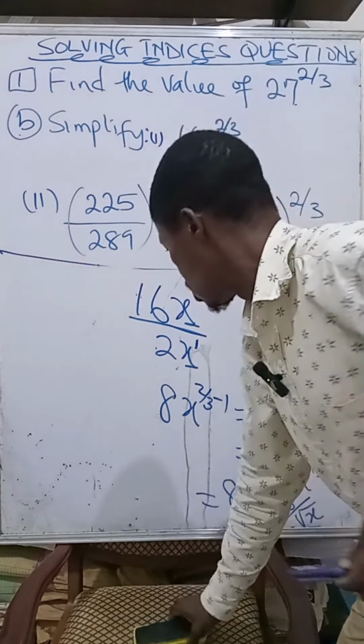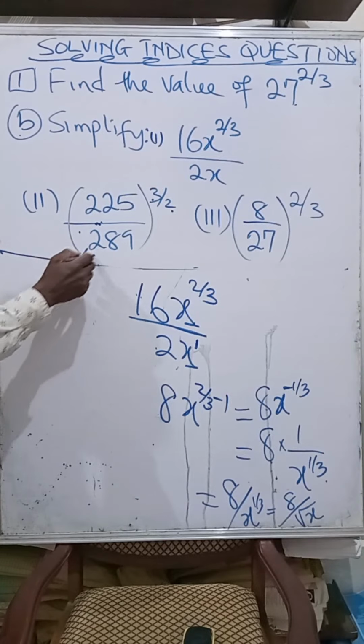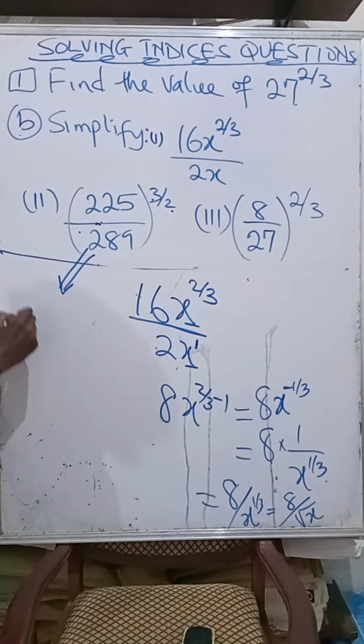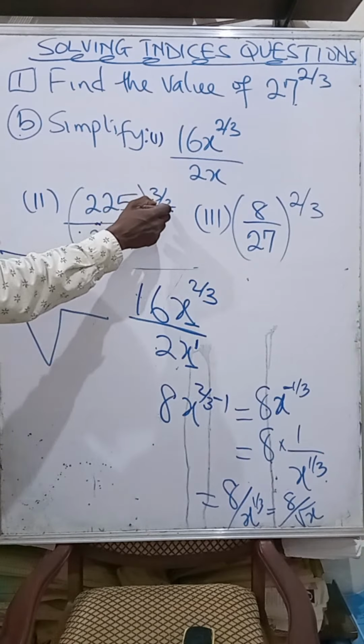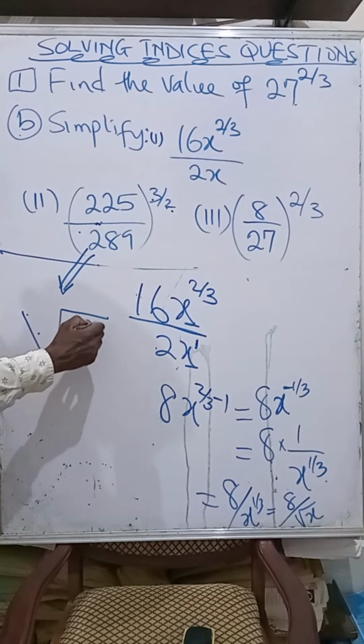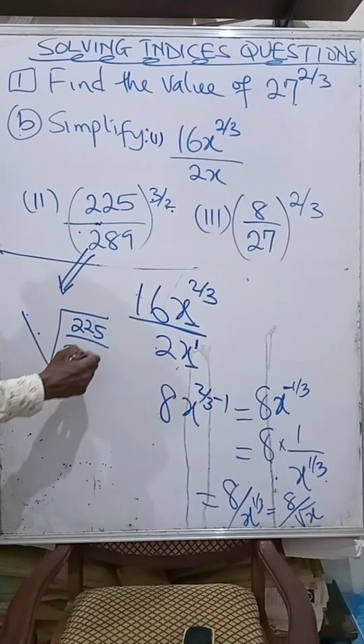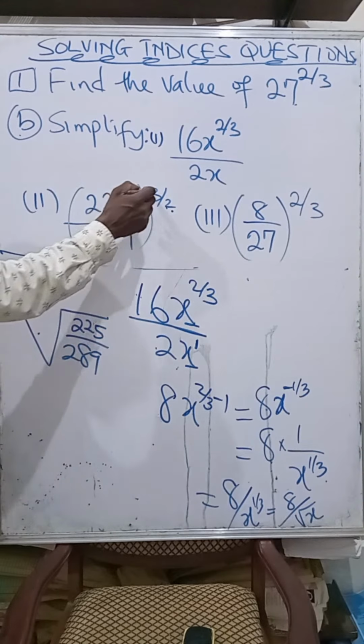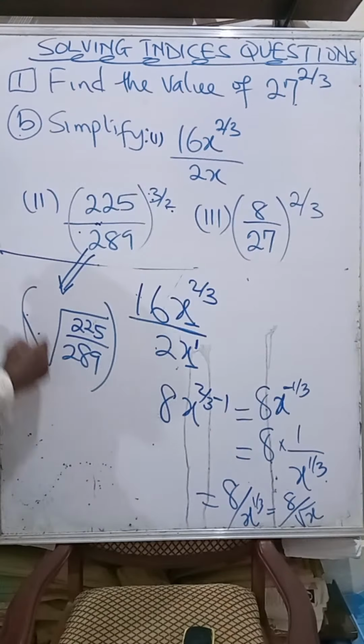Let's go to another one. So this will be equal to square roots. The cube is the same thing as square roots. And then 225 over 289. The numerator is this.